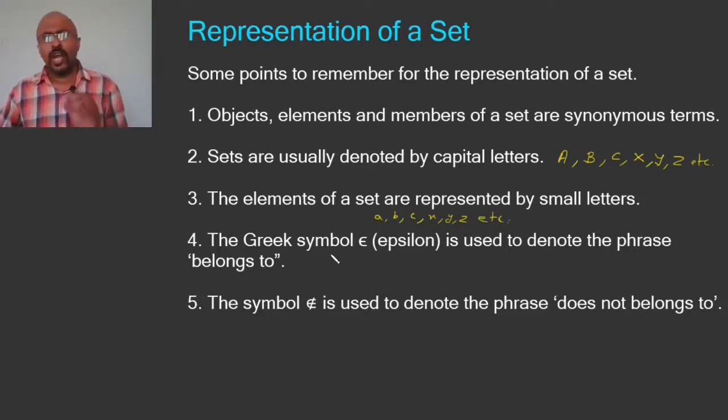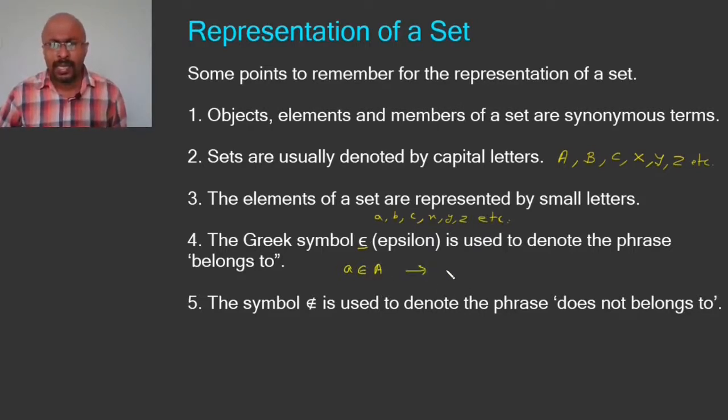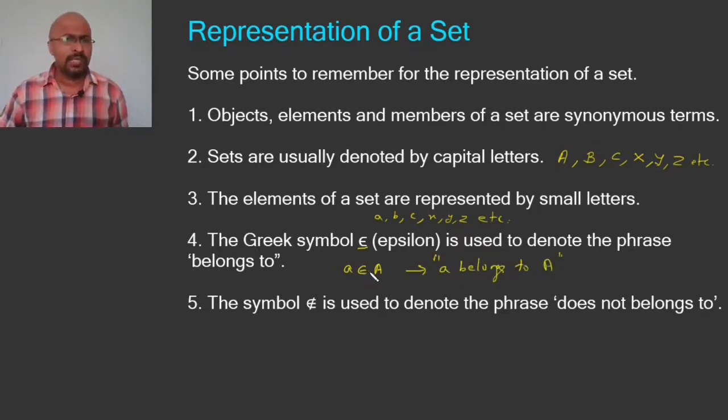The fourth point is that the Greek symbol epsilon is used to denote the phrase "belongs to". That means if I write a ∈ A, that reads as "a belongs to capital A". What is the meaning of this writing?